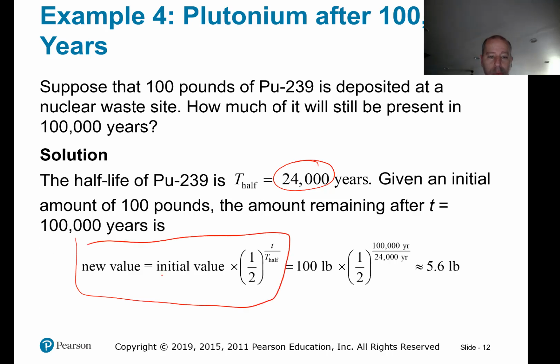We know the initial value, which is 100 pounds. We know the amount of time that passes, 100,000 years. And we know the half-life is 24,000. So all we have to do is plug in our values and use our calculator. And so after 100,000 years, we will have about 5.6 pounds of plutonium-239 remaining.